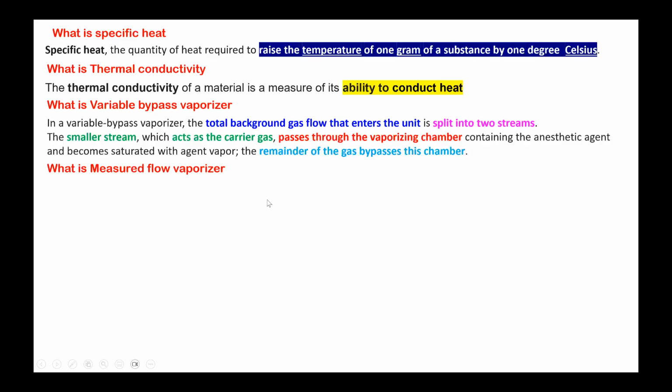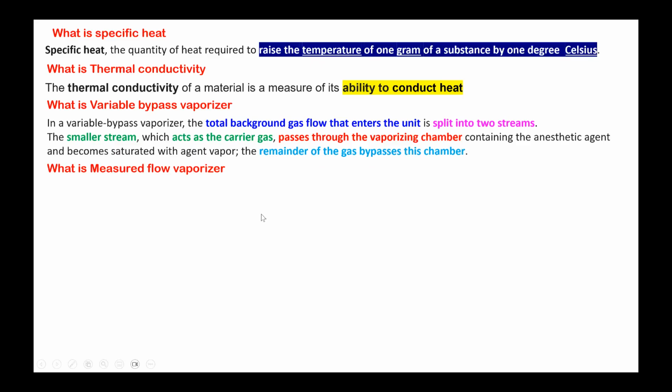In some vaporizers, no fresh gas flow will enter the vaporizer. Instead, some other arrangement is made to evaporate the liquid, and then the vapor of that liquid is injected into the fresh gas flow through another separate channel. That is called the measured flow vaporizer.